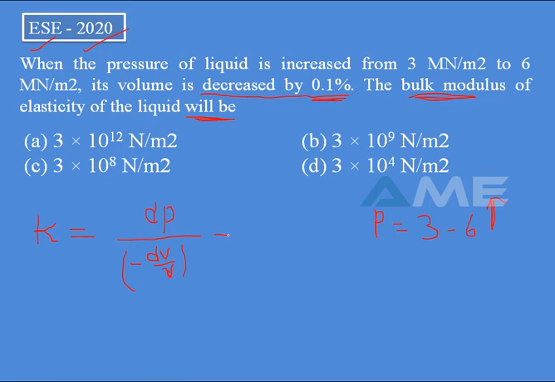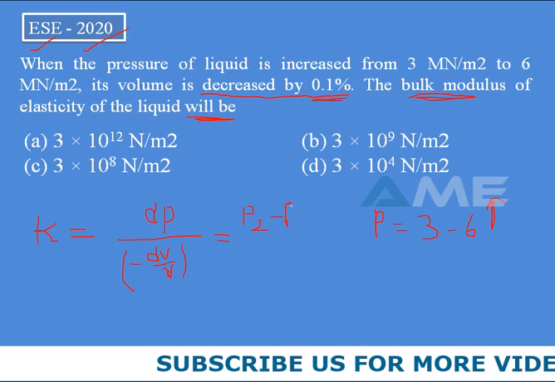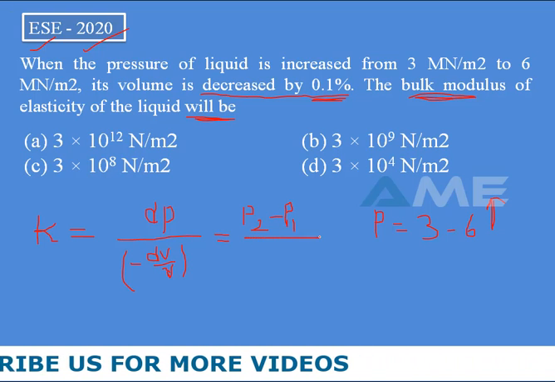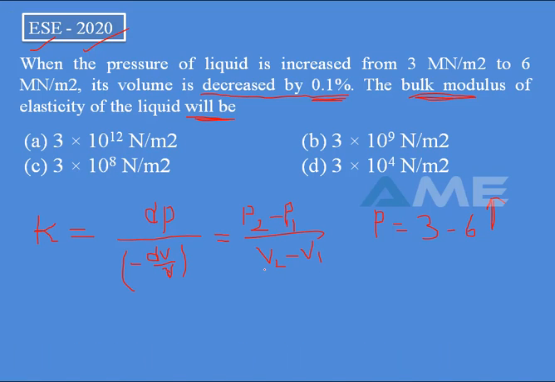So now bulk modulus of elasticity is change in pressure to the volumetric strain. First, we'll see what the change in pressure is. It is increasing from 3 to 6. So change in pressure is P2 minus P1, divided by the change in volume, which is V2 minus V1 divided by V1, the original one, final minus the original volume.